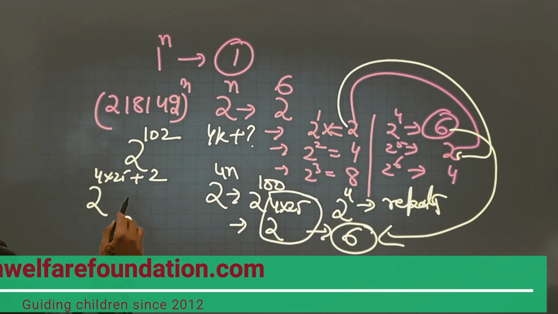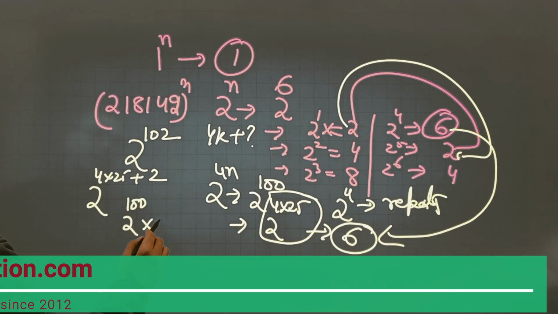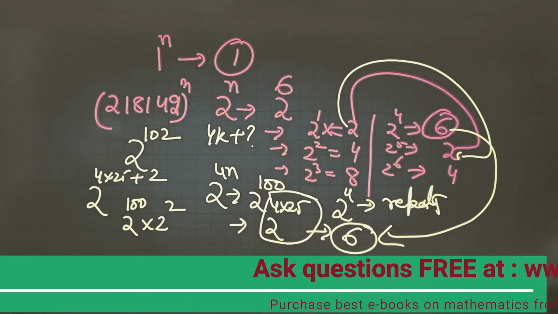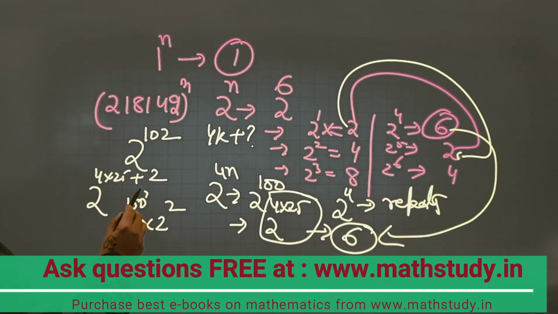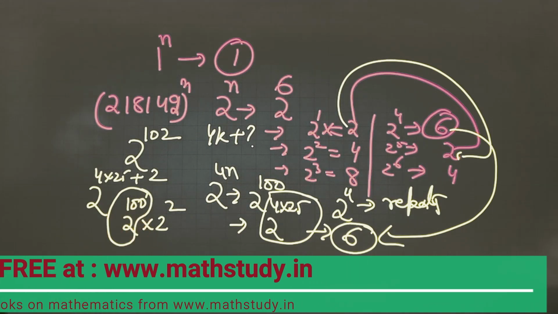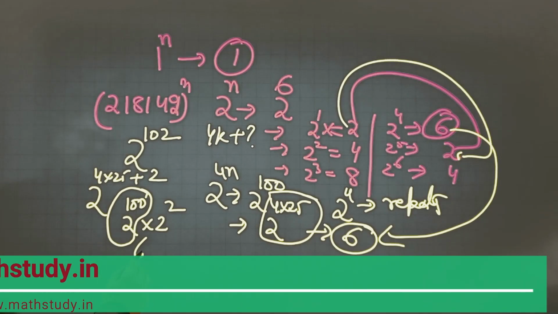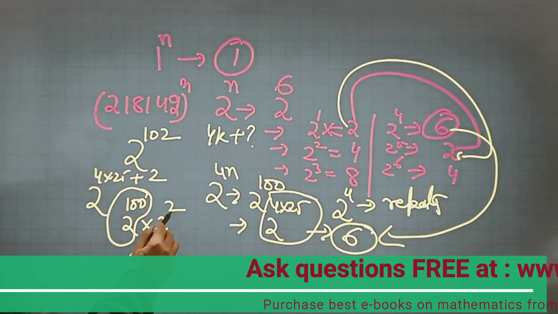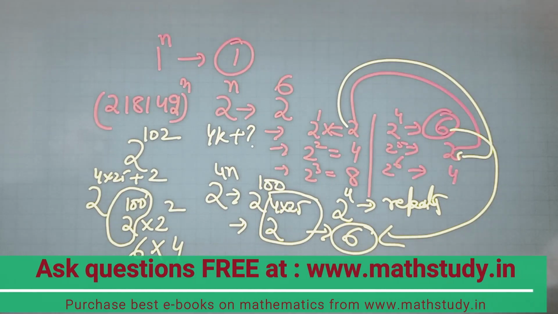Here we can write 2 raised to the power 100 into 2 raised to the power 2. Simple. So what we have observed here, 2 raised to the power 100 will give you 6 at the unit place, and 2 raised to the power 2 will give you 4.